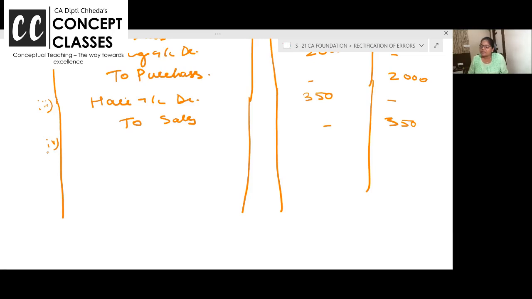Fourth entry, credit sale of old furniture to Mahesh, completely omitted. You've sold some old furniture to Mahesh. Omitted to be posted. Okay, entries correctly recorded. Huh? You've sold the furniture to Mahesh. Entry you have recorded. Mahesh account debit to furniture.